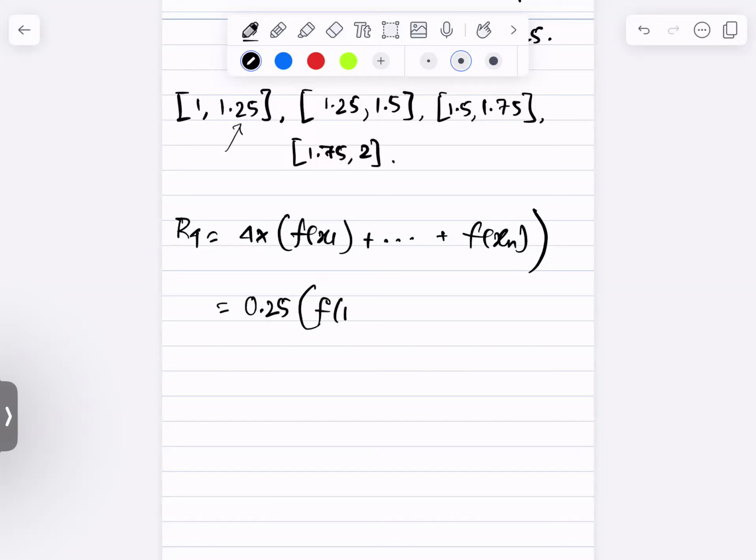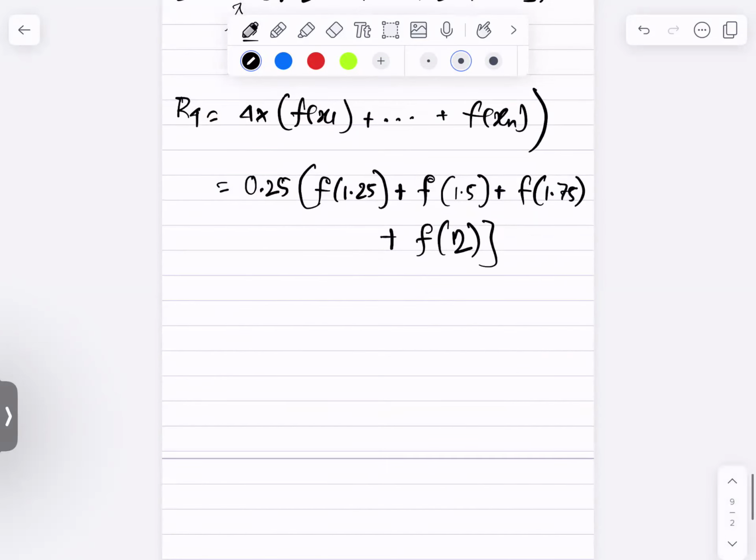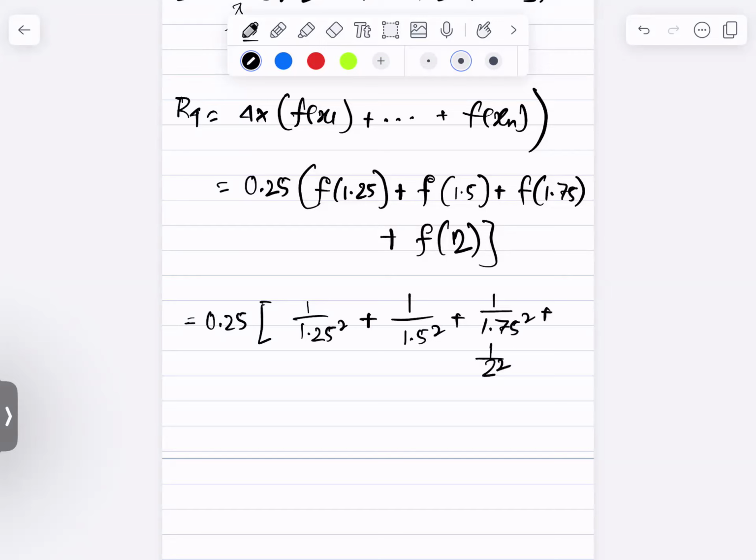So f of 1.25 for the first interval, f of 1.5 for the second, plus f of 1.75 for the third, and for the last you have f of 2. So we can simplify a little bit: 1 over 1.25 square plus 1 over 1.5 square, 1 over 1.75 square plus 1 over 2 square. So you need to put that in calculator. I don't have the answer right now, and you'll get the answer.